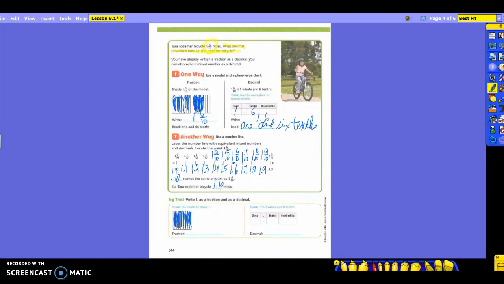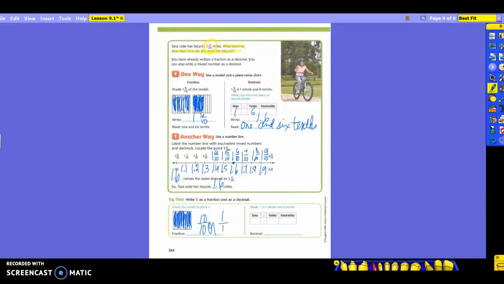How many total pieces are here? 10, and how many are shaded? 10. So, what is 10 over 10 also? 1 over 1. That's a fraction. If you just put 1, that's a whole number. Are you with me? You can divide 10 by 10 and get 1. Divide the other 10 by 10 and get 1. So you can't just put 1. You have to put 1 over 1, so it's a fraction.